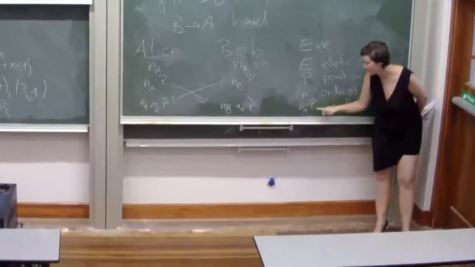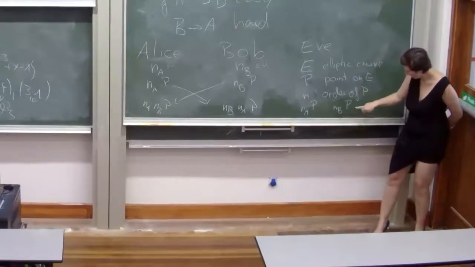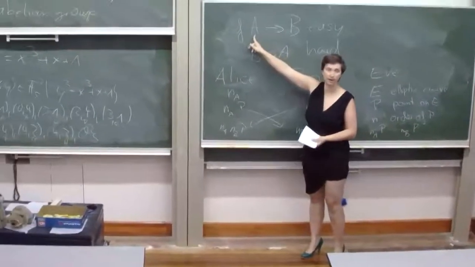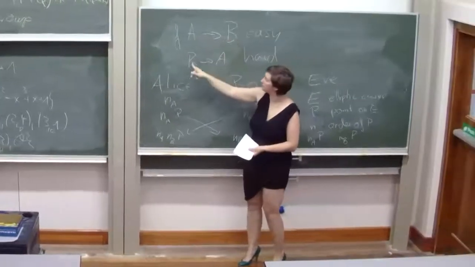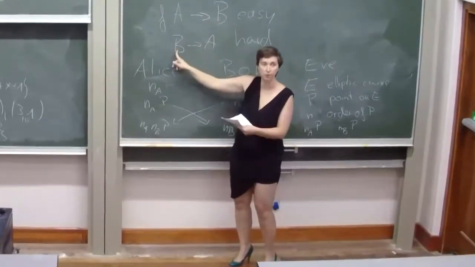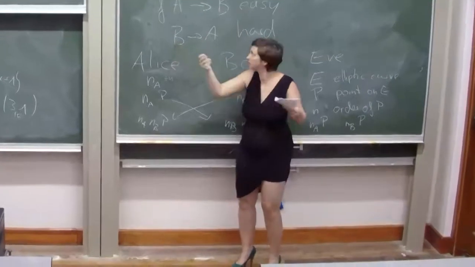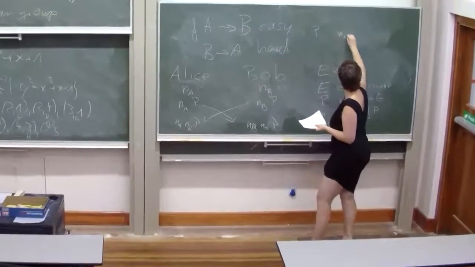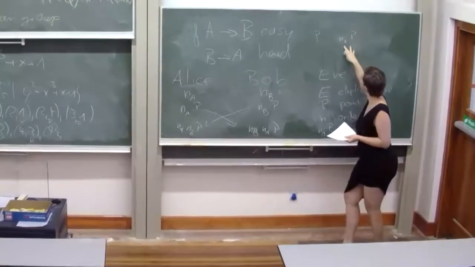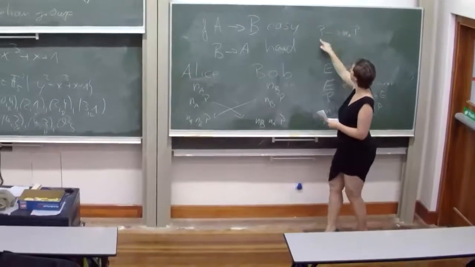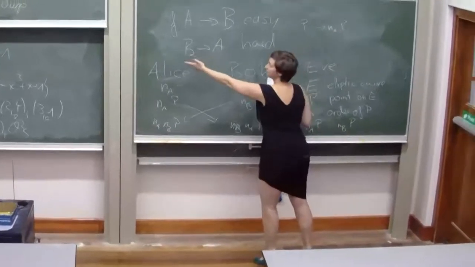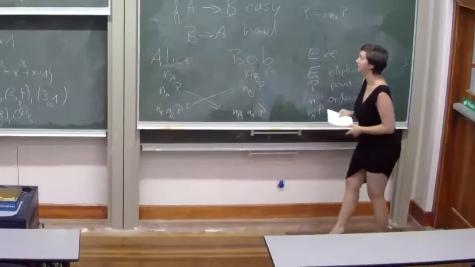She only has NA times P and NB times P. Multiplying a point with a number is very easy, but finding out this number if you only have the point is not. She knows P and she knows NA times P, and from there to there it's easy, but she cannot compute NA just by having P and NA times P.